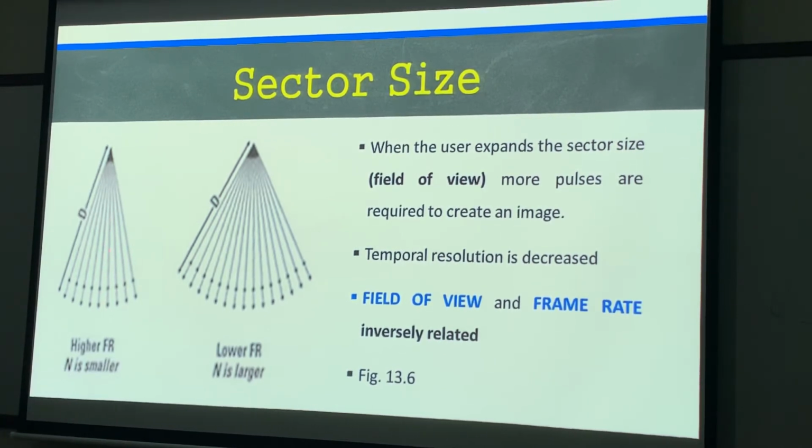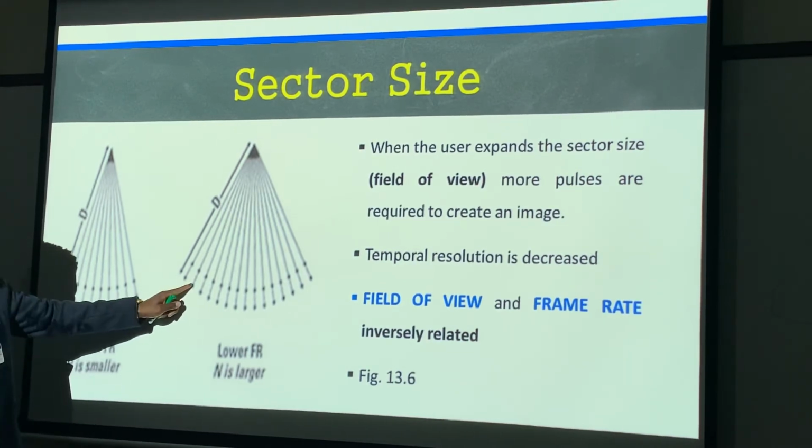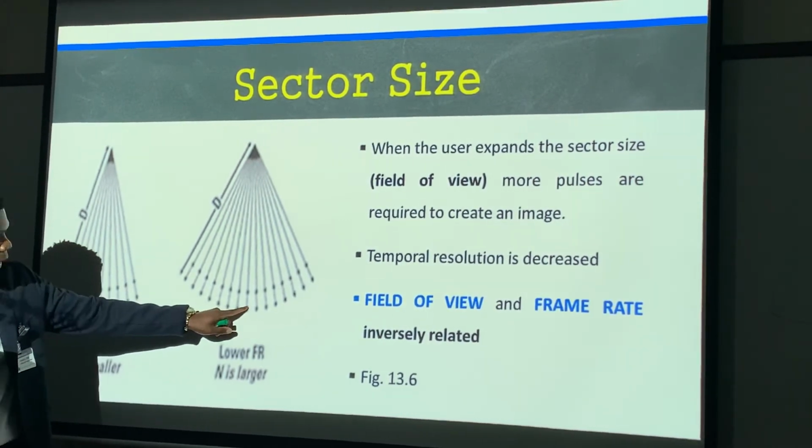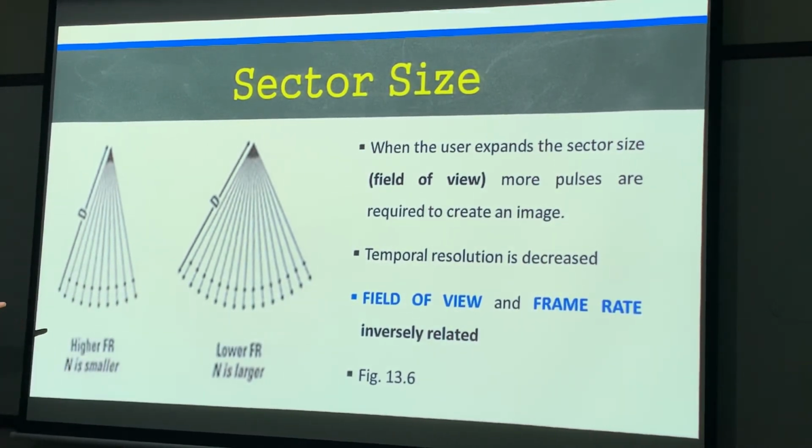With that narrow sector, we're going to be able to get higher frame rates because look, the narrow sector takes 3, 6, 9, 10 scan lines, while the wide one takes 3, 6, 9, 12, 15, 16 scan lines to create that image. So now we have fewer scan lines, therefore our frame rate is going to be higher.